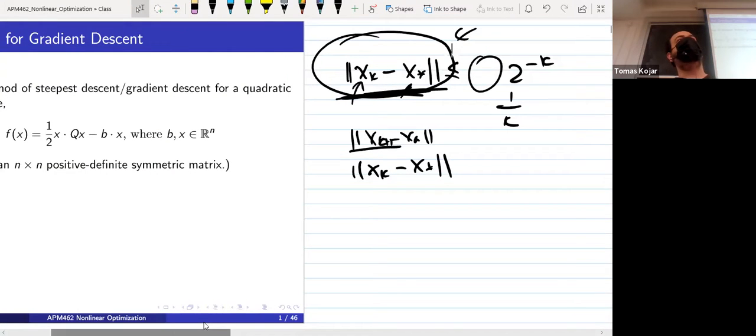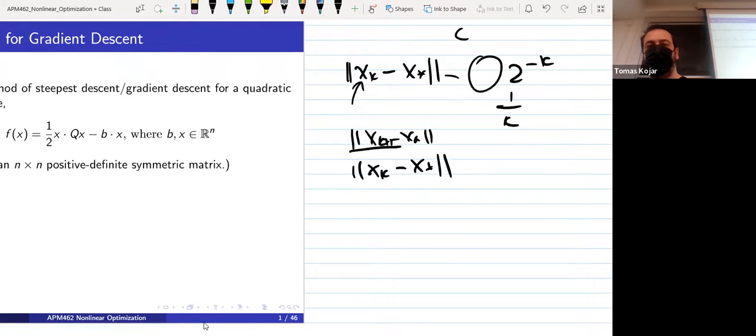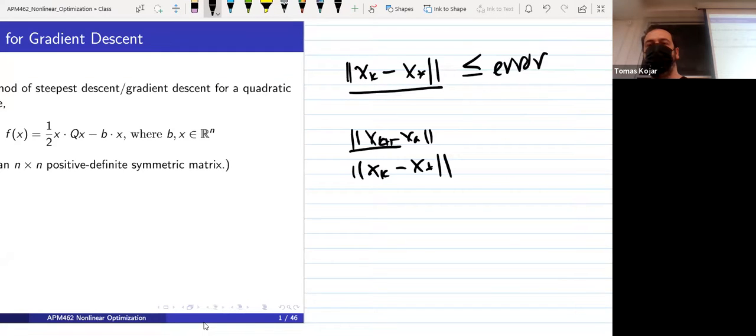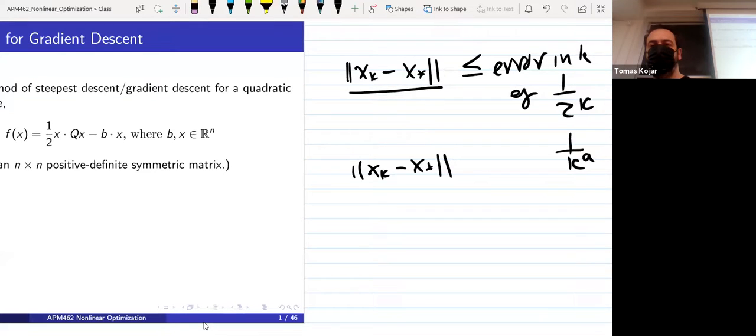We're not going to kill you over your understanding of rate. Just make sure that you compute this and you estimate it from above by some error in k, whatever the case may be. Is that okay?